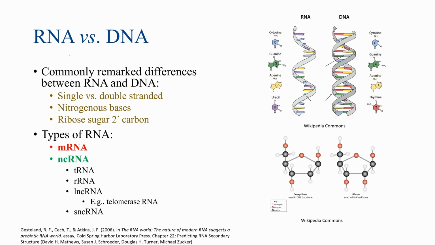So let me begin by highlighting the differences between RNA and DNA. I want to begin by discussing the commonly remarked differences that we understand between RNA and DNA. Some of the major differences are that RNA is single-stranded, whereas DNA is double-stranded.